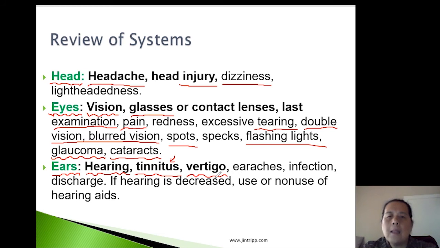Other ear-related questions are earache or maybe some discharge. So that's usually what we ask about the ear.